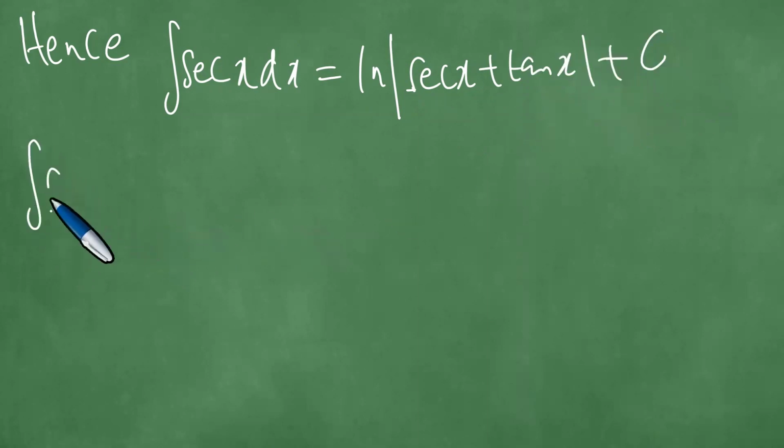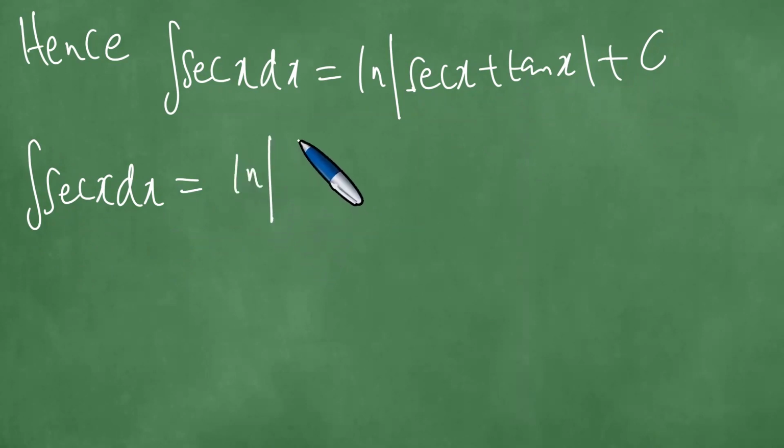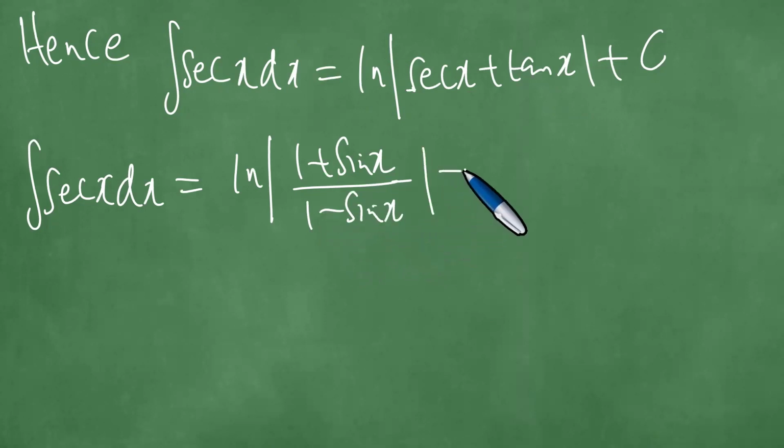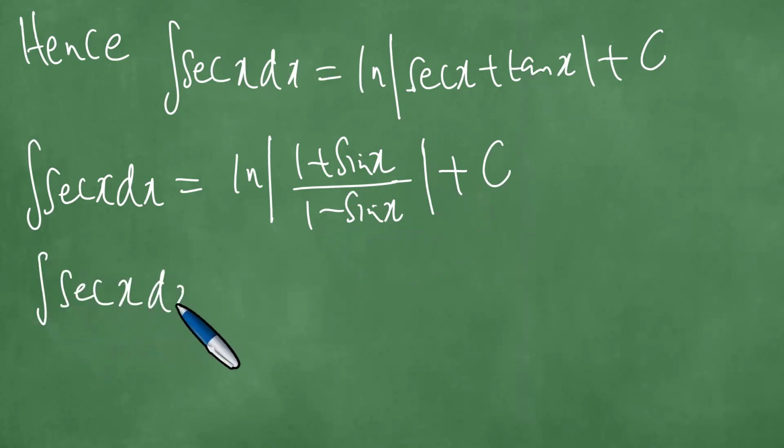And we've already seen that this particular integral is very much celebrated, but it can also be written as the natural log of 1 plus the sine of x divided by 1 minus the sine of x, plus c.